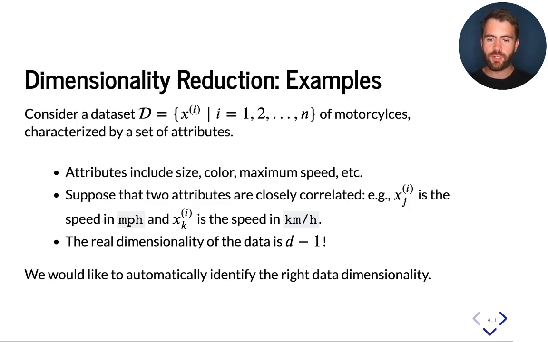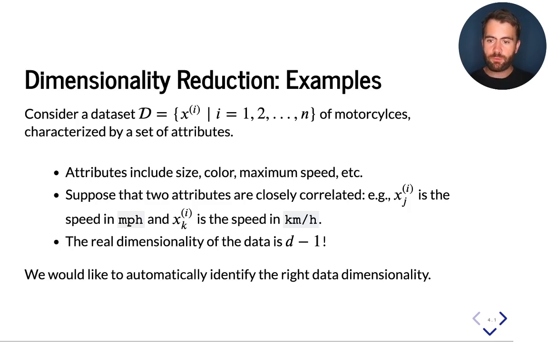The idea of dimensionality reduction is to find these kinds of redundant features, or perhaps not entirely redundant, but features which are closely correlated and that can be replaced with a smaller and lower dimensional set of features or attributes, and do this automatically.